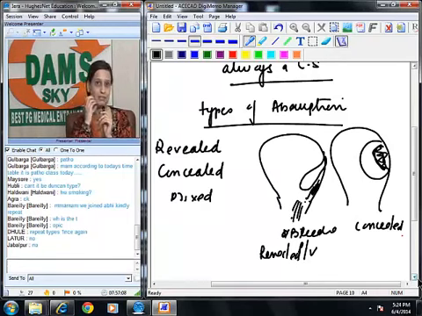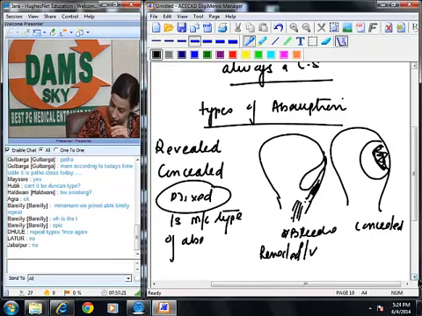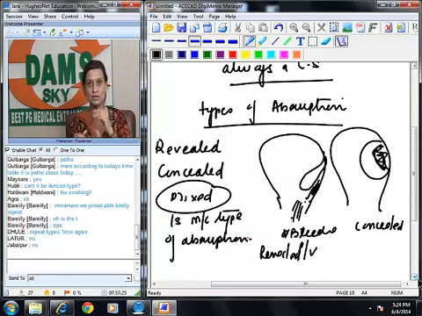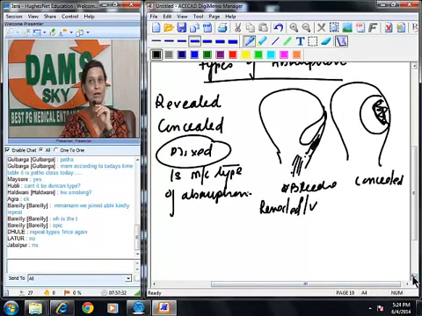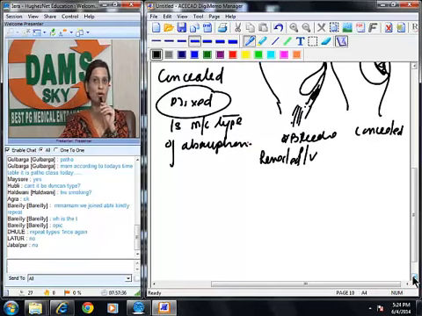The third type is called mixed, where both are occurring, revealed and concealed. Out of the three, mixed is the most common type of abruption, where there is some amount of external blood loss and some amount of blood loss contained inside the uterus in the form of blood clots. Okay?